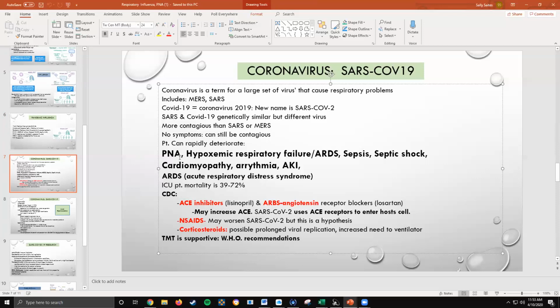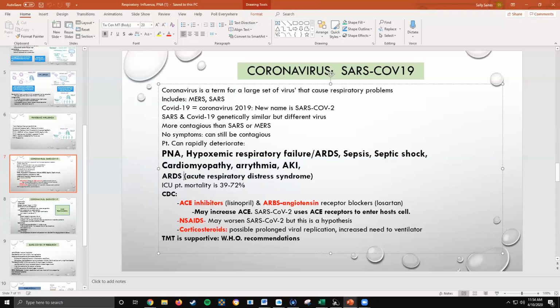And so they're going to get a very bad pneumonia, hypoxic respiratory failure, ARDS, sepsis, septic shock. They can get cardiomyopathy because their blood is working overload and their heart rate is up and their blood pressure is up in the initial stages, and so it puts pressure on the heart. So that can cause arrhythmias, and then it can also cause acute kidney injury. And you'll be learning about a lot of this next semester.